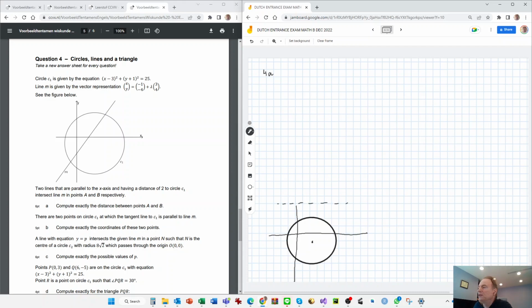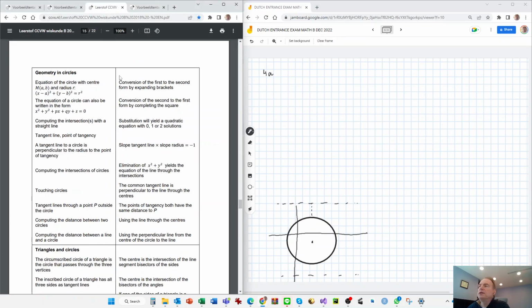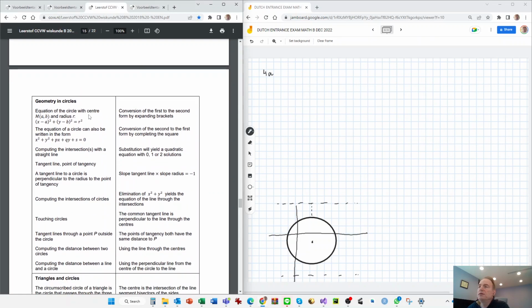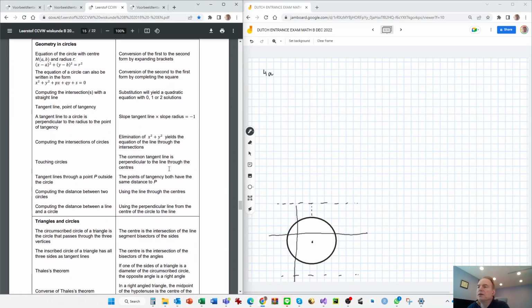So here and here, and this distance here has to be... how you define the distance from a circle to a line is actually defined in the materials under geometry in circles. Computing the distance between a line and a circle using the perpendicular line from the center of the circle to the line.